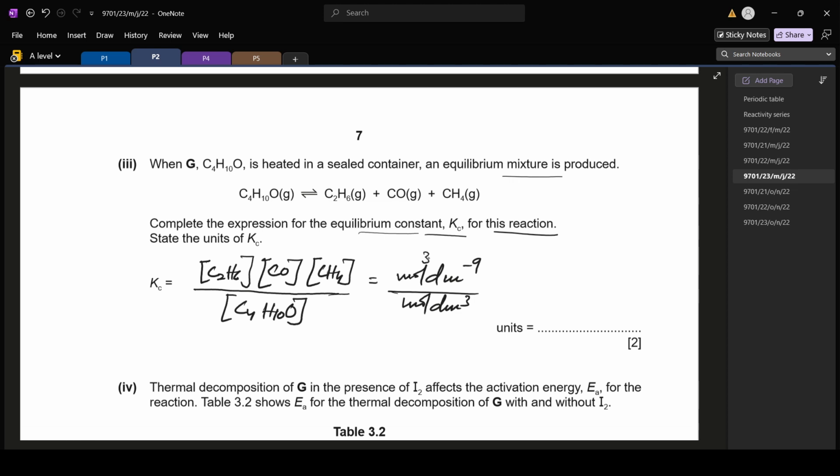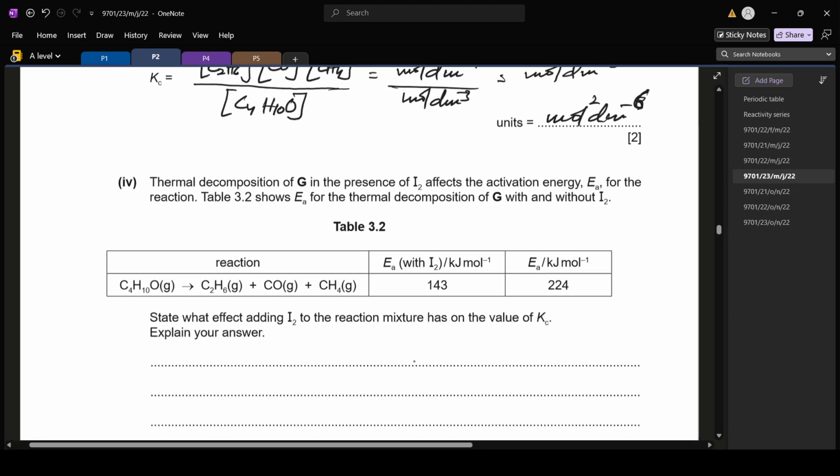Okay, so here this 3 is cancelled out. You will get mole square dm cube to the power minus 6. Okay, this will be the units.